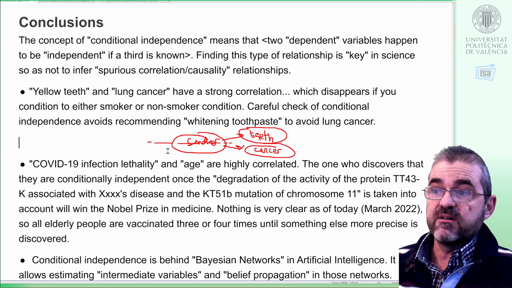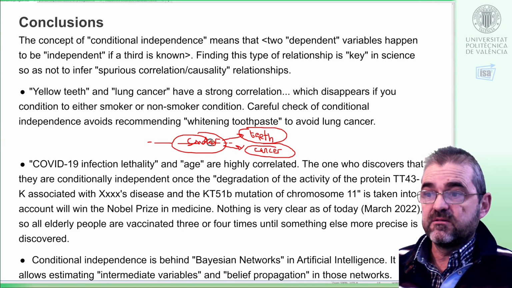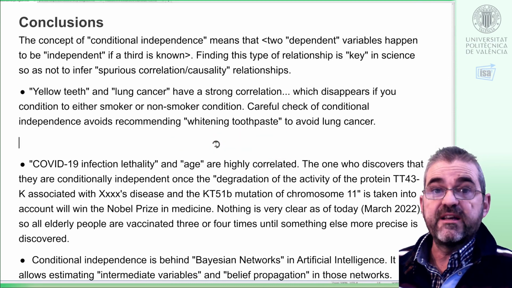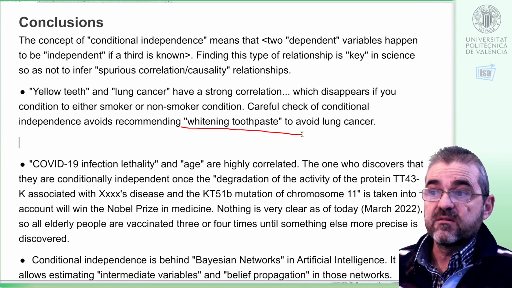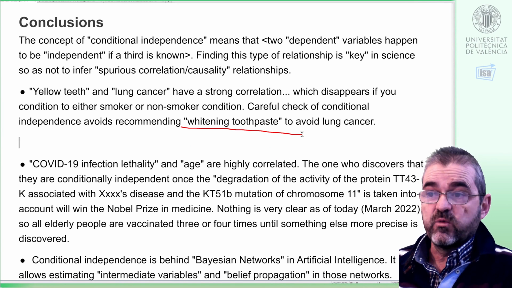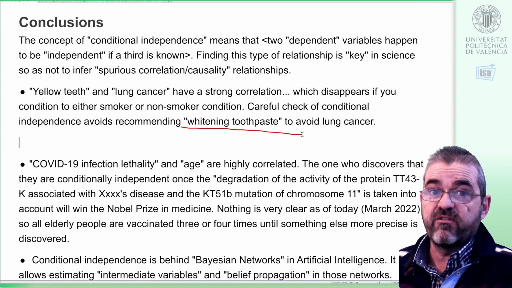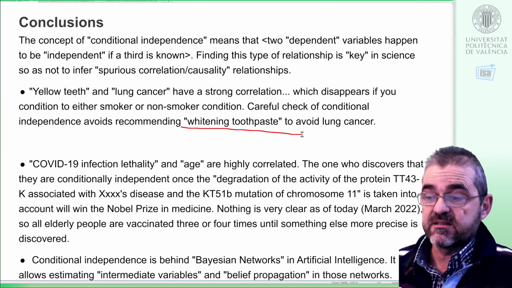So if we didn't know this variable, then the correlation between yellow teeth and lung cancer would make us recommend brushing the teeth with whitening toothpaste to avoid lung cancer. And that would be wrong advice.